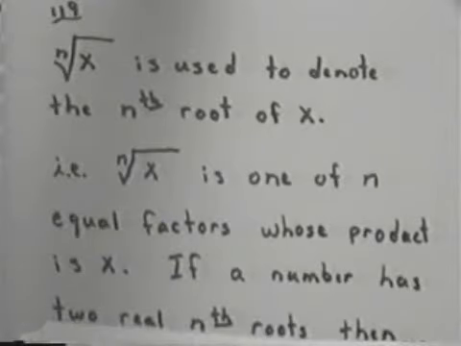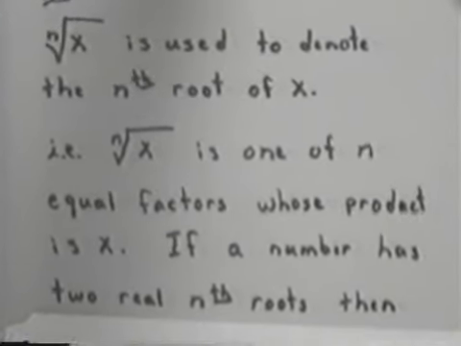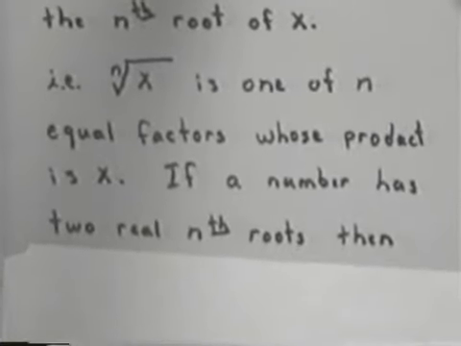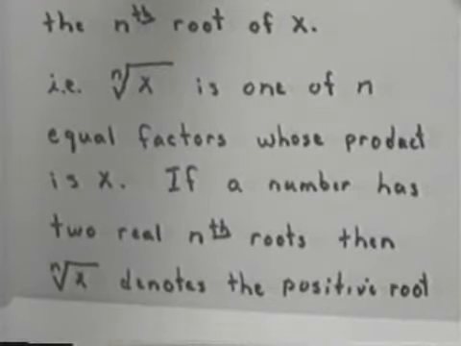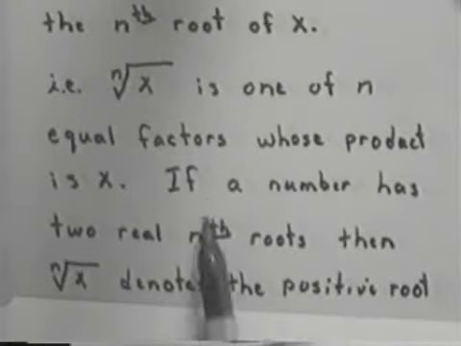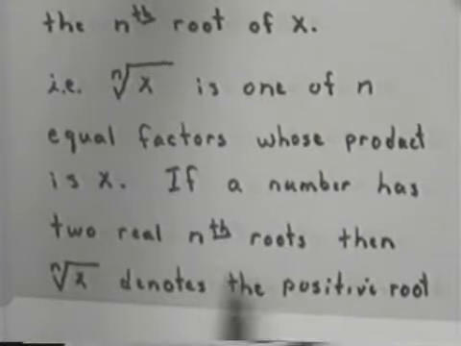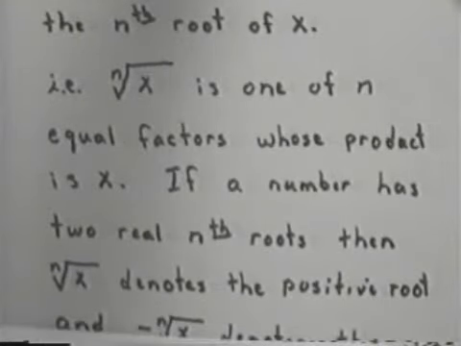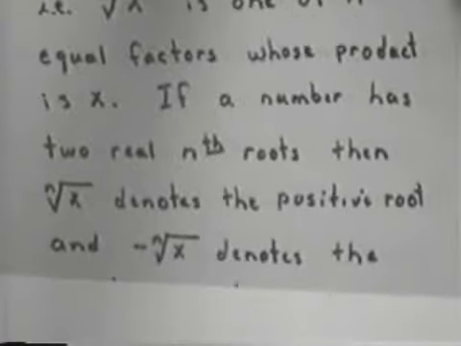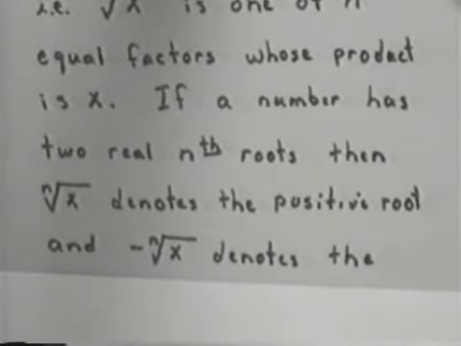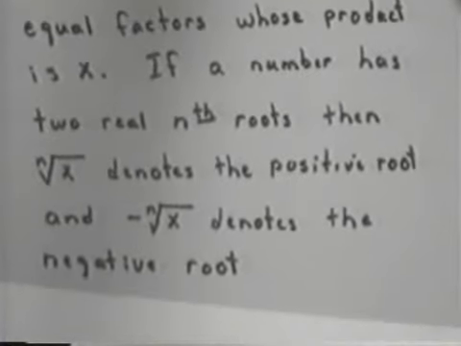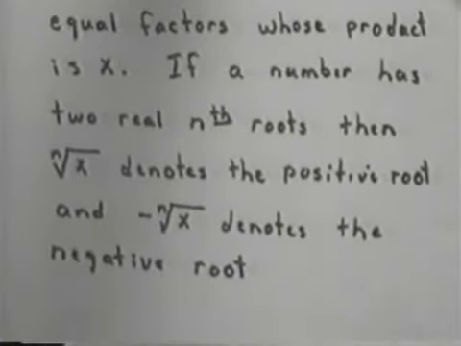Now if a number has two real nth roots, then the nth root of x denotes the positive root. The opposite of the nth root of x denotes the negative root.